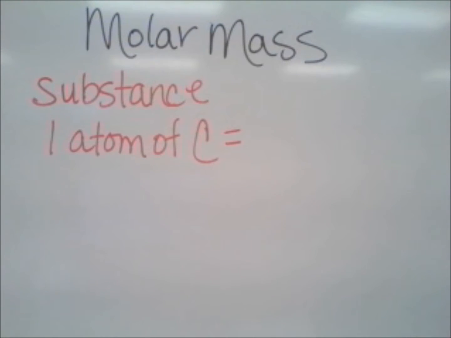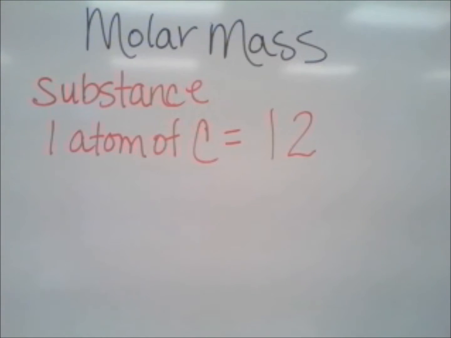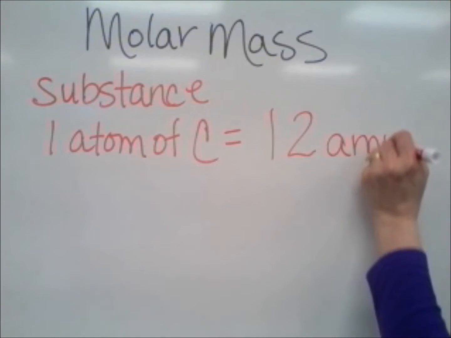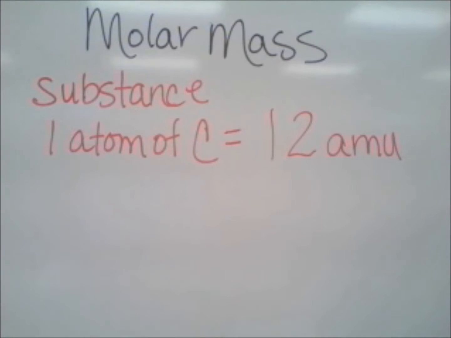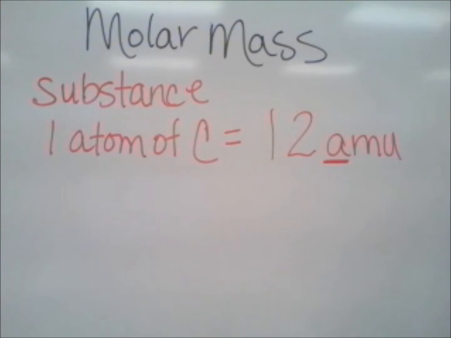So let's see how this molar mass idea works. We can pick any substance, and so we're going to start out with an atom of carbon. We can go to our periodic table and we would find, if we looked for the mass of carbon, that it would be 12. And if we put a unit behind it, we would put the unit AMU, which stands for atomic mass unit, the A standing for the fact that we're only working with one atom.